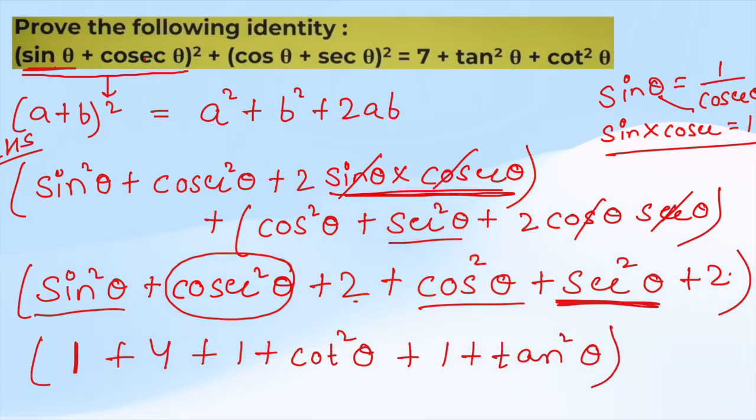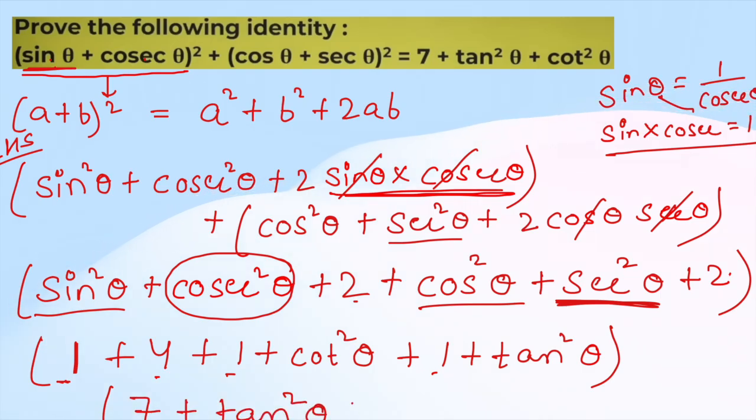Now see what I am getting: 4, 1, 5, 6 and 7. So 7 plus tan square theta plus cot square theta. Clear? Easy, right? If you wish to solve it by converting into the other format, that you can also do. Not an issue.